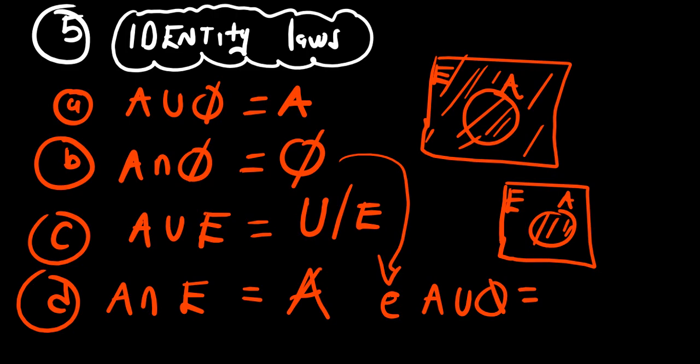Every time you combine a set with nothing, you're going to get the same set, which is A. Then another key thing that you need to understand is every time you combine a small set with a bigger set, you always get the bigger set. That's just common sense. So those are the identity laws.